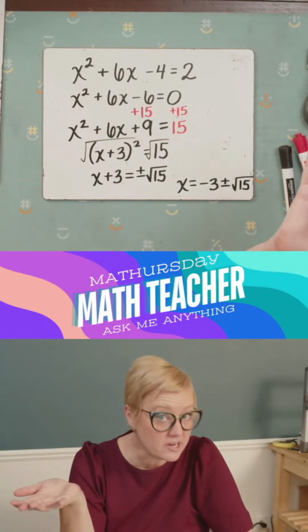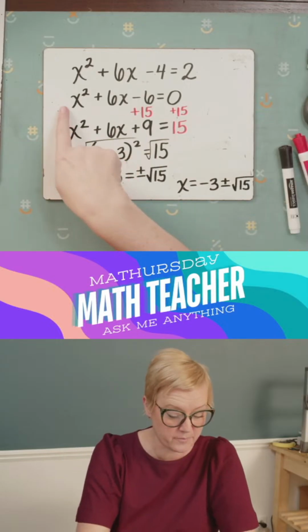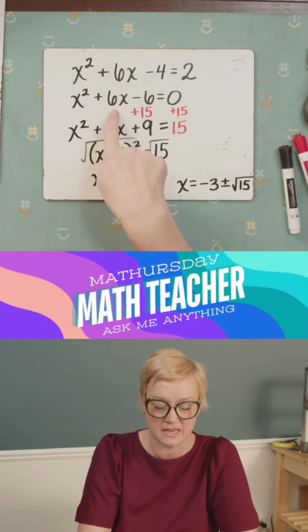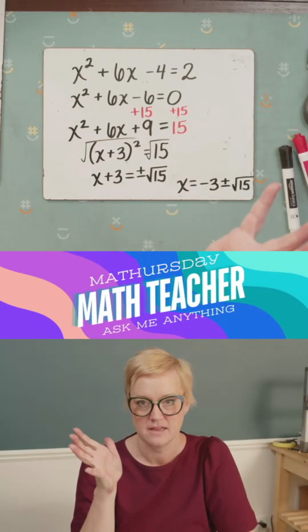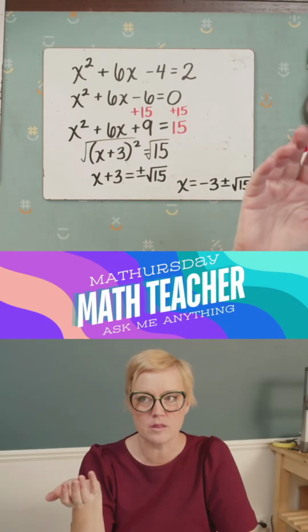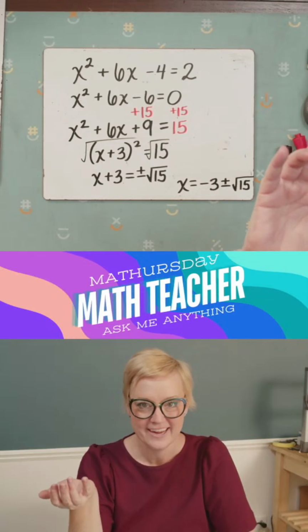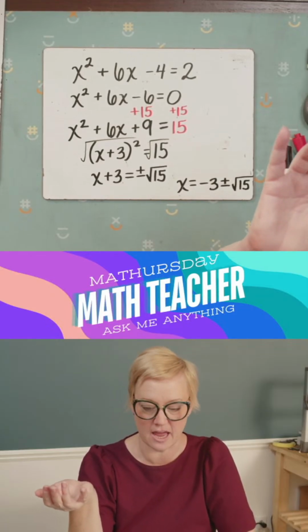You can complete the square on anything else. You can complete the square if it's here. You can complete it if it's odd. But it gets messy and it's not fun, right? Let's keep math fun.